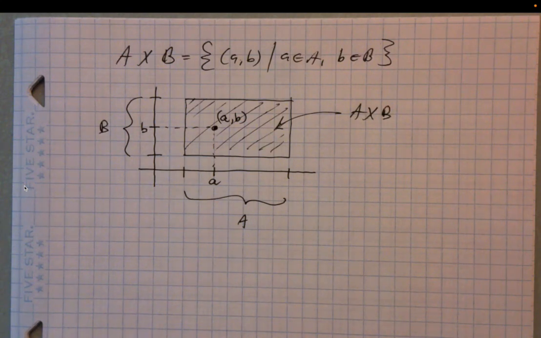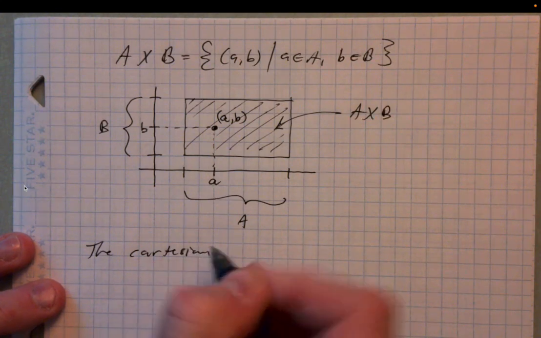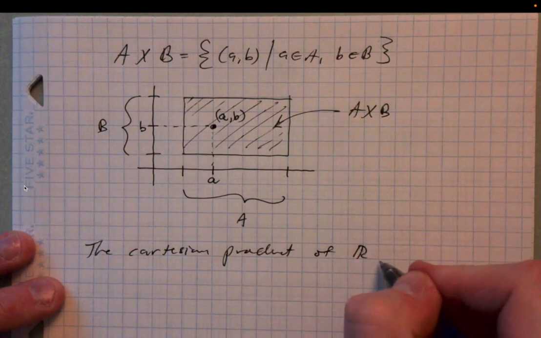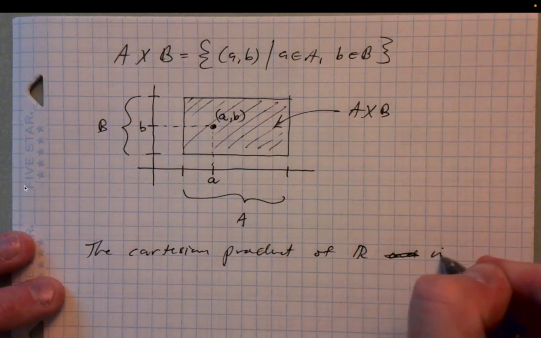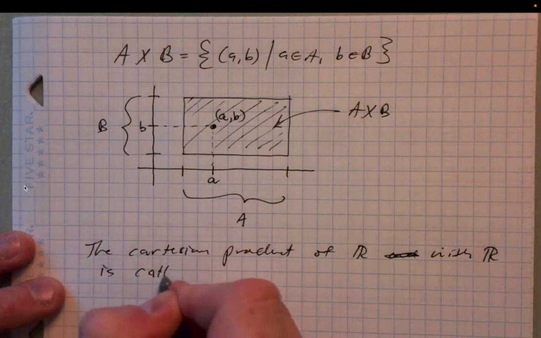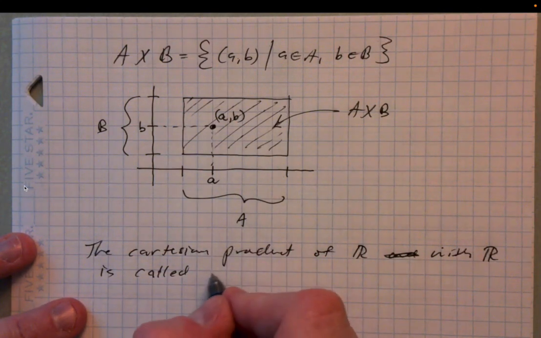Okay, now of course we've seen this. We use this all the time. Really, the Cartesian product of R with R is called R squared and is known as the Euclidean plane, and we've seen that, right? So the Cartesian product of the real numbers with the real numbers, we call it, well, it has a couple different names. We sometimes call it just the plane, but we also call it the Euclidean plane, or we also refer to it as R2.